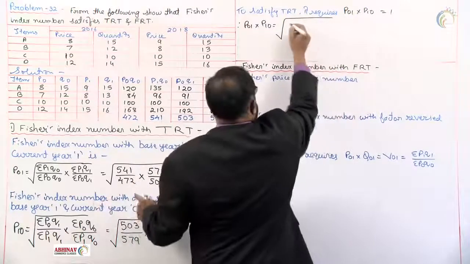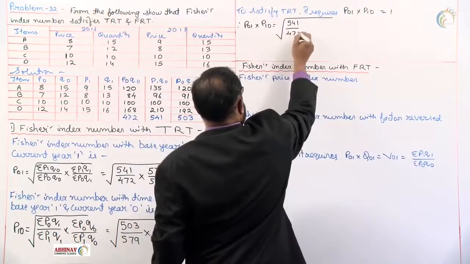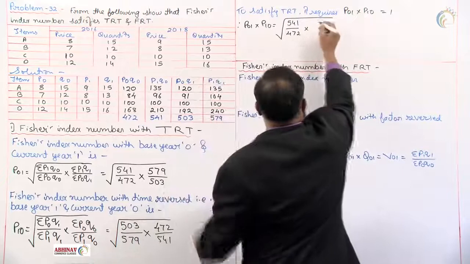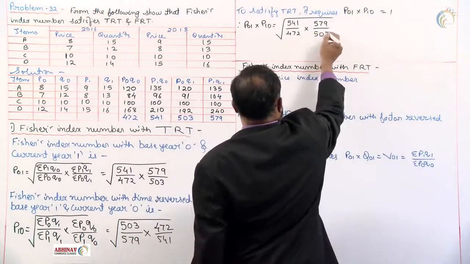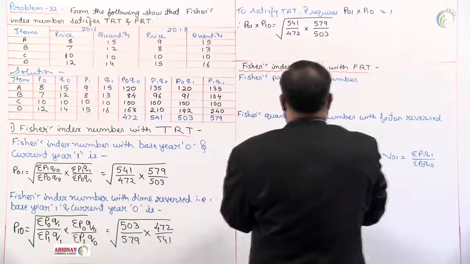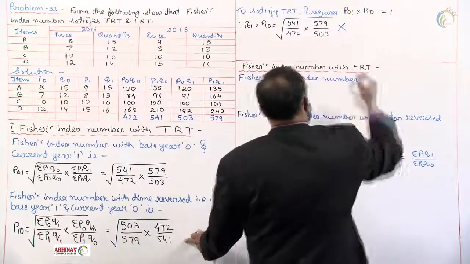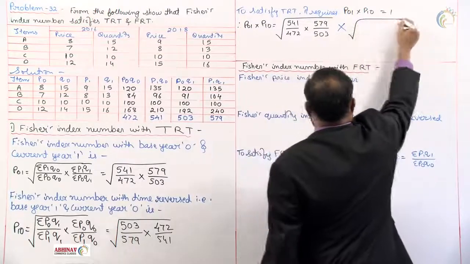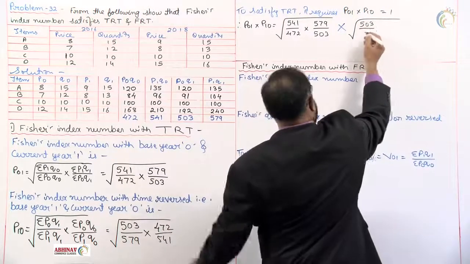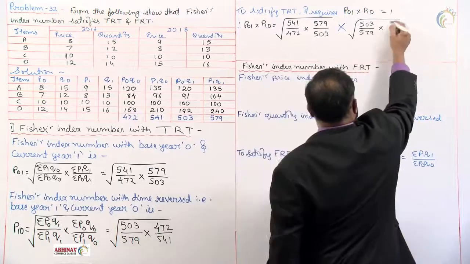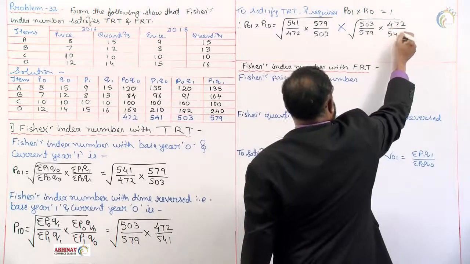First answer, 541 divided by 472, this into 579 divided by 503. This P01 will multiply by P10, that is root of 503 divided by 579, this into 472 upon 541.